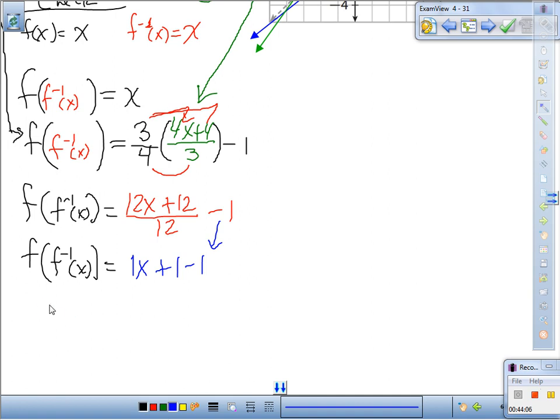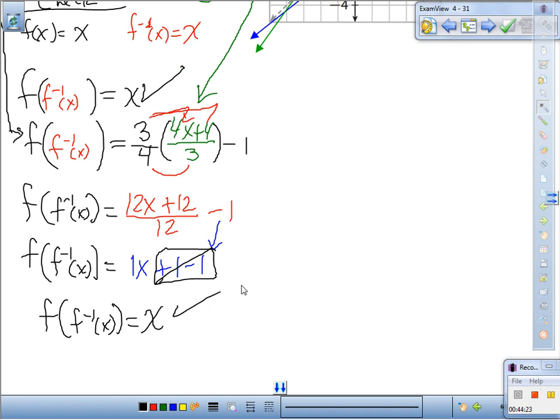So lastly, we end up with f of f inverse of x equals, what is 1 minus 1? 0, and we're left with x. Did we end up with what we wanted to check? Yes. Pretty cool, huh?